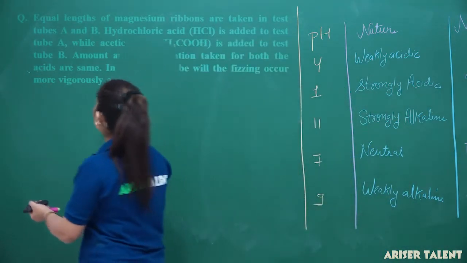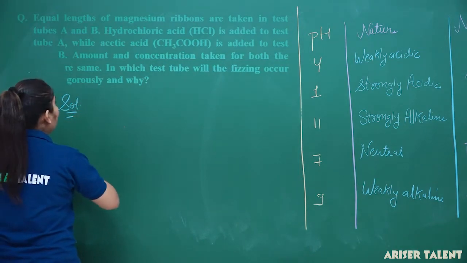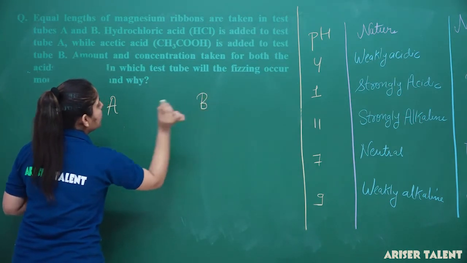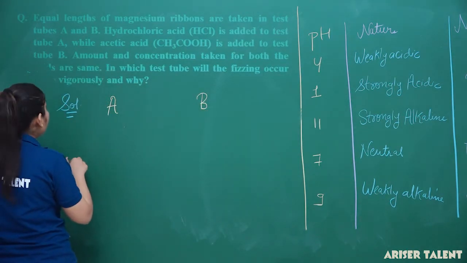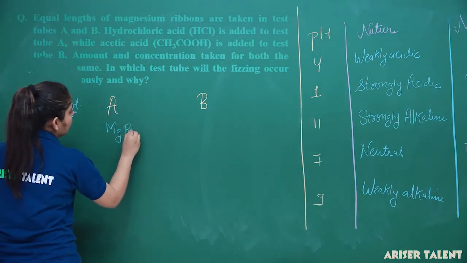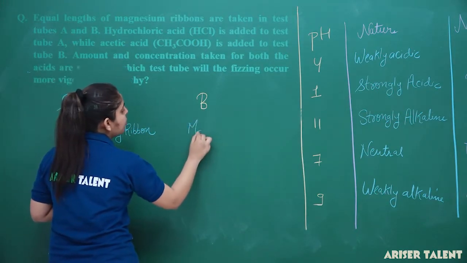So, what are we provided with? We are provided with two test tubes, A and B. In both the test tubes, we have taken magnesium ribbon.